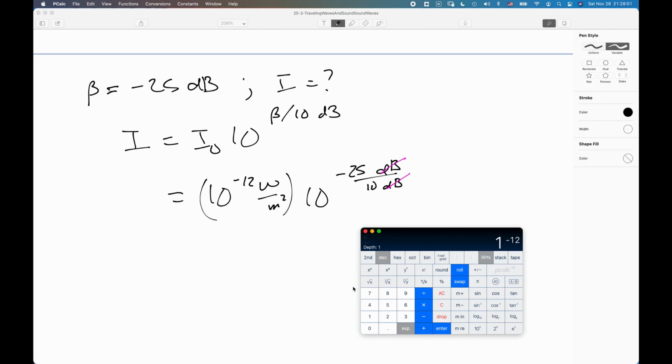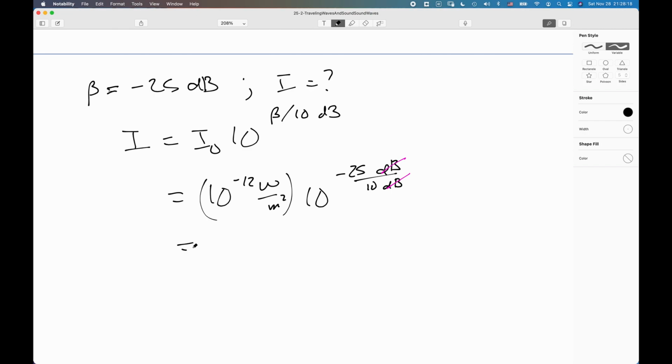So if you got something like 10 to the negative 12 here, you have to type 1 EXP, or that's what it is on my calculator. For yours, it's probably E or double E, and then you're minus 12. Anyway, we'll multiply those together, and we get 3.16 times 10 to the negative 15 watts per square meter, which, as I advertised, was lower than the threshold of human hearing. So that's the whole deal.